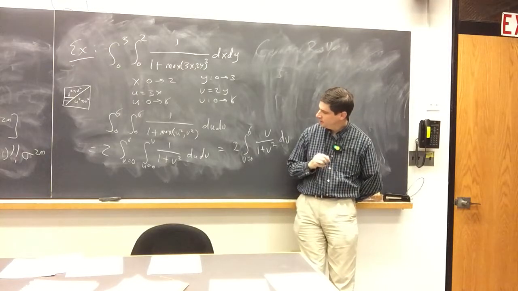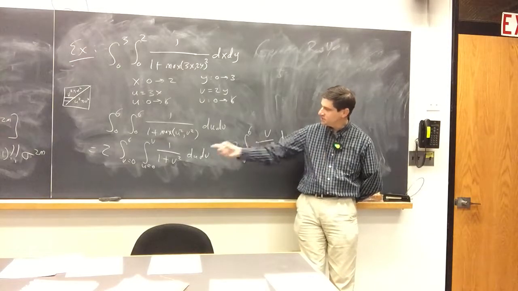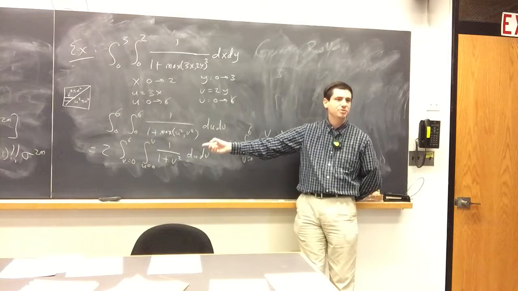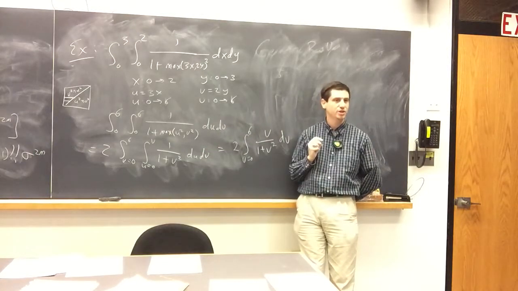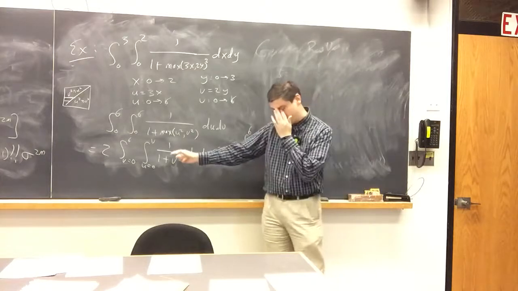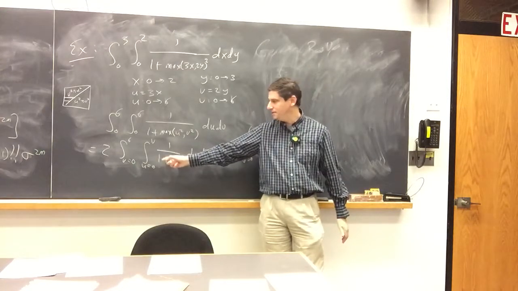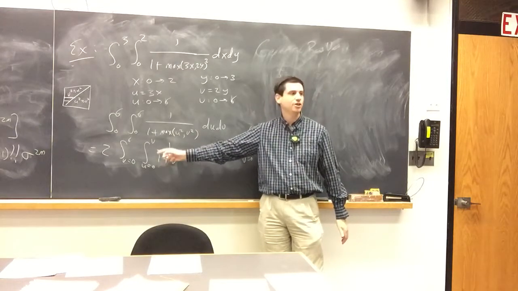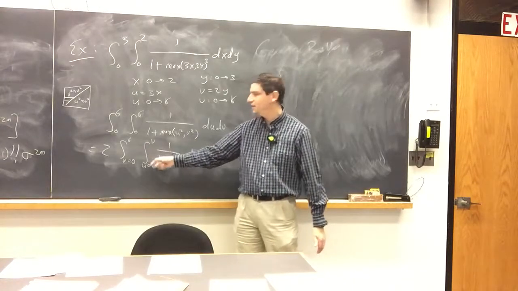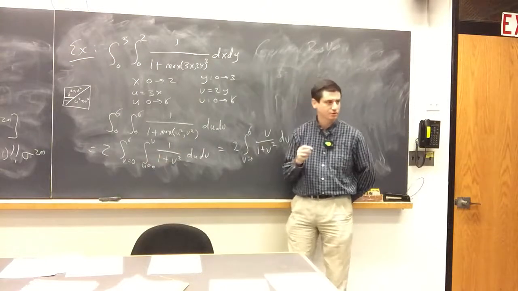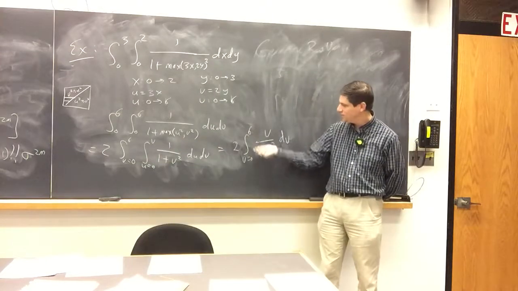I'm often a little bit excessive, and I write my variables and my integration bounds just so I remember when I have double integrals, which order I am doing things. If I'm doing a double integral, I can't be integrating over v if I've already integrated out v. So if u is a function of v, I've got to do the v integral last and do the u integral first.